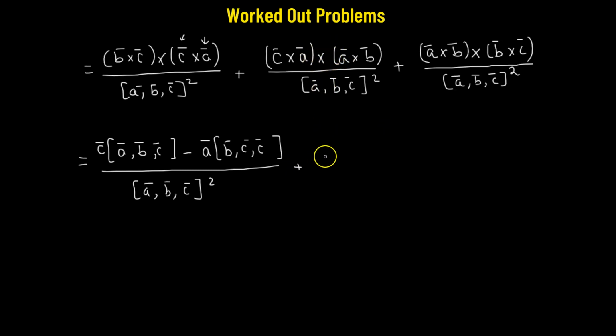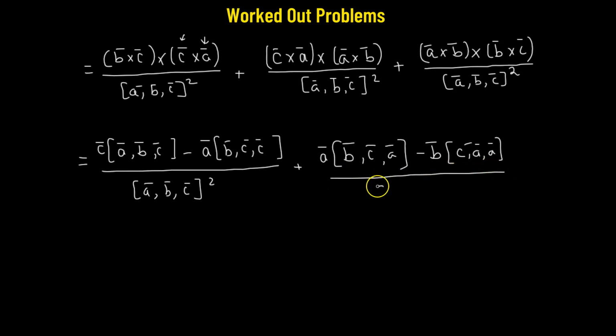Similarly, let's compute the vector quadruple product for the second numerator. So we'll have A vector multiplied to the scalar triple product of vector [B, C, A], minus B vector multiplied to [C, A, A], whole divided by [A, B, C] squared, plus the third term.